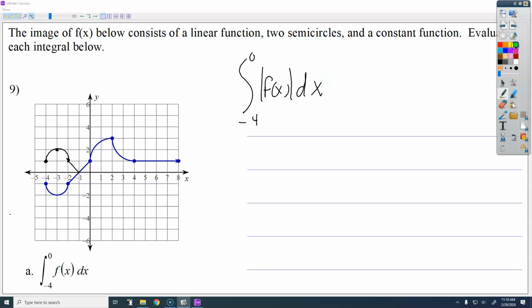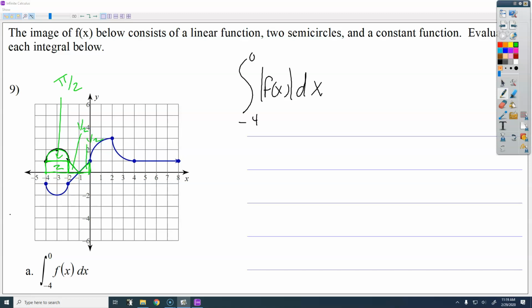So we're going from here to here. So we have a rectangle, we have a half circle, and two little triangles that we need to put together. So we found this earlier. This was pi over 2, and it used to be negative, but now it's positive because the absolute value flipped it over. This is 2, and both of these are a half.